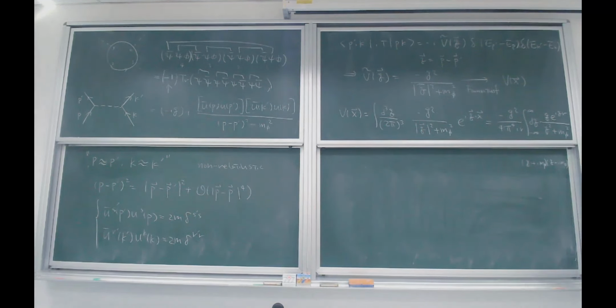And if you throw the contour in the upper half-plane and pick the pole from here, V of r is indeed equal to minus g squared over 4 pi r, e to the minus m r.